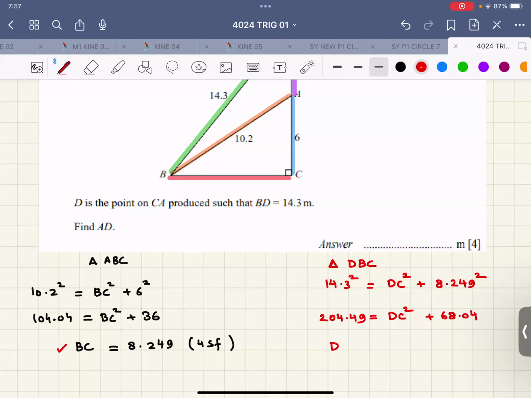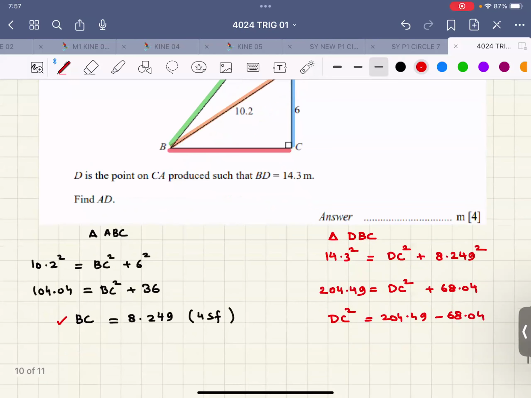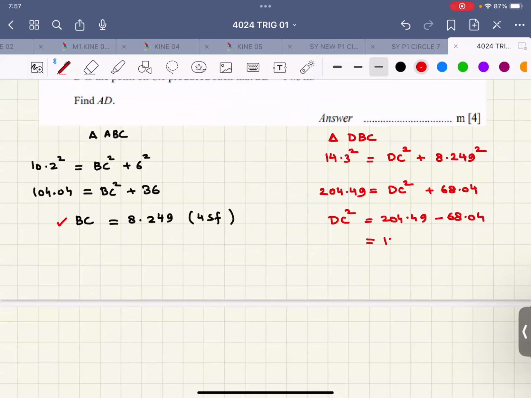So therefore, DC square is 204.49 minus 68.04. This comes out to be 136.45. This is DC square. Therefore, DC is the square root of this. That is 11.68. And this is again 4 significant figures.